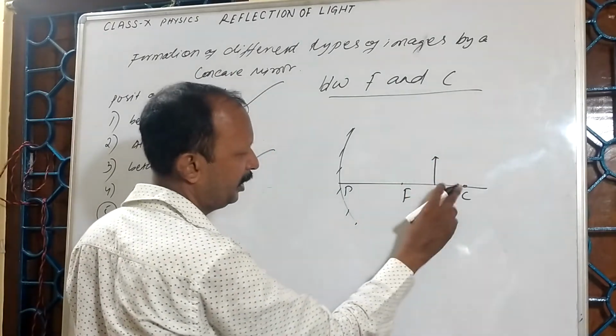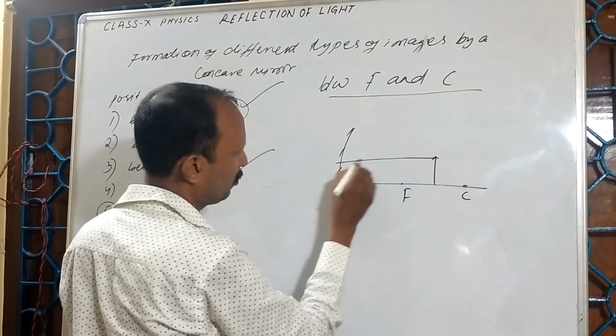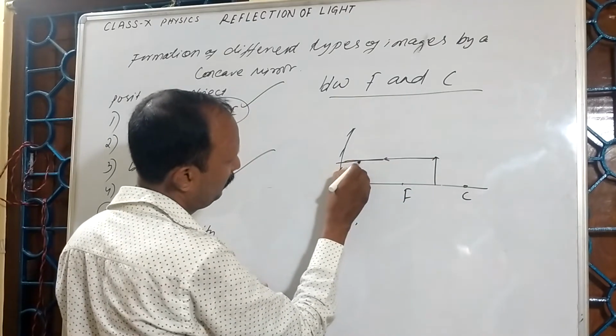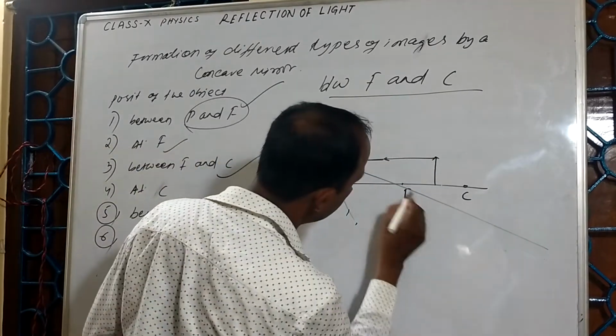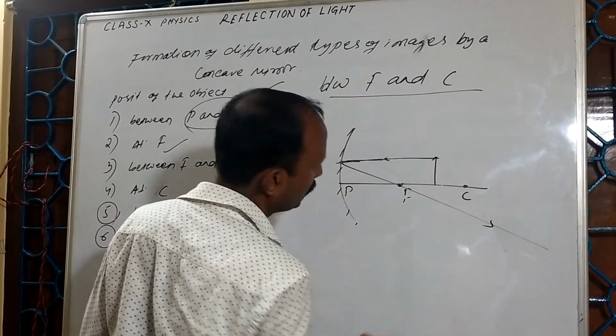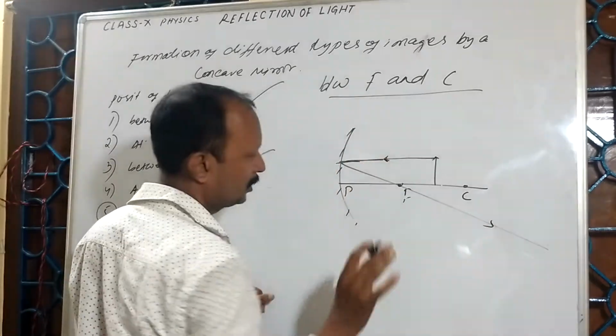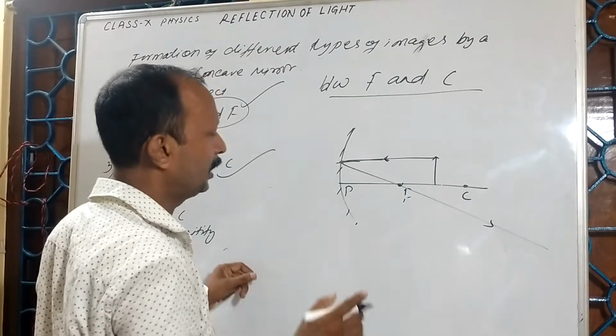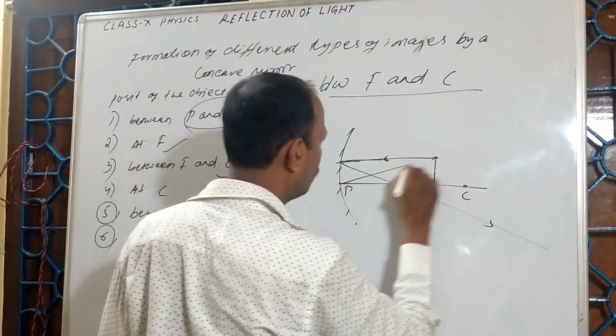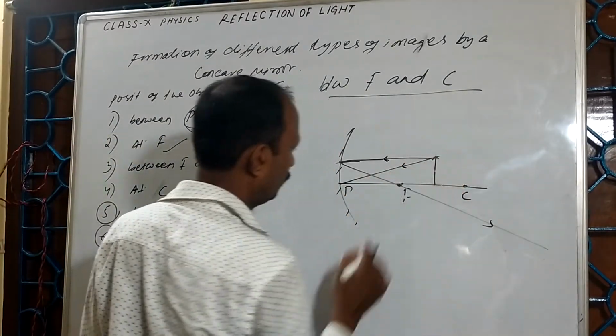Any point between F and C. So first I am drawing parallel, because I know if it comes parallel, it will go through the focus. So this is the incident ray, this is the reflected ray. Next one, I am drawing this one.